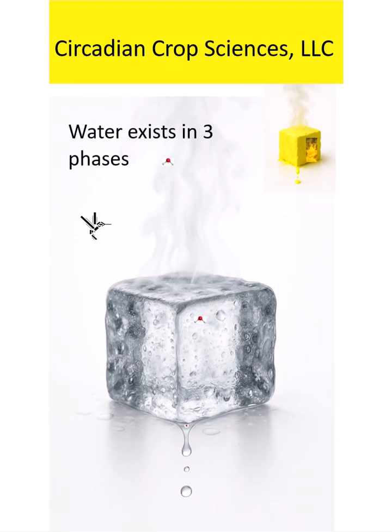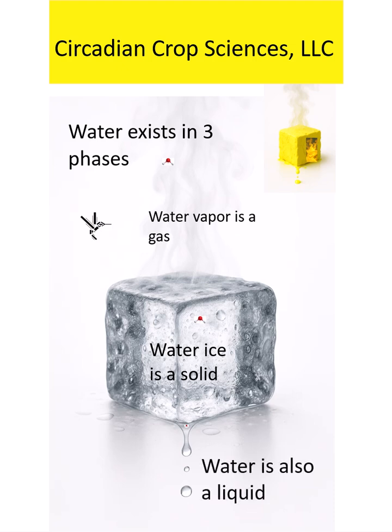Water exists in 3 different phases. Water vapor is a gas. Water ice is a solid. And water is also a liquid.